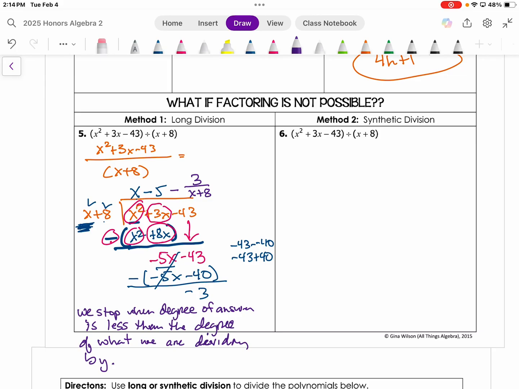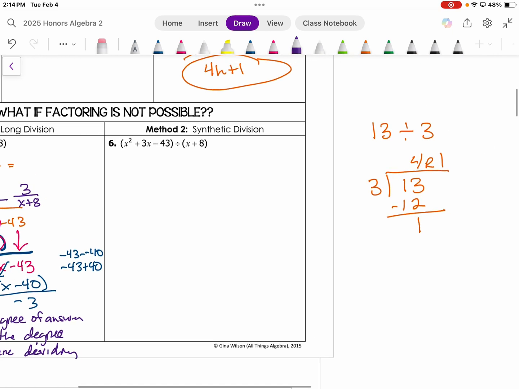At some stage, some of your teachers might have taught you to write it as plus a fraction, like when I did my little 13 to the side. Some teachers might have said this is 4 plus 1/3, and then they transitioned into, hey, that's 4 1/3 as a mixed number. Now, they may not have.